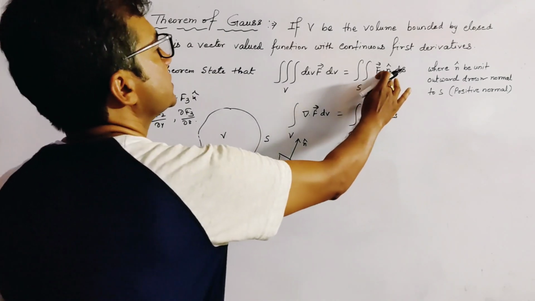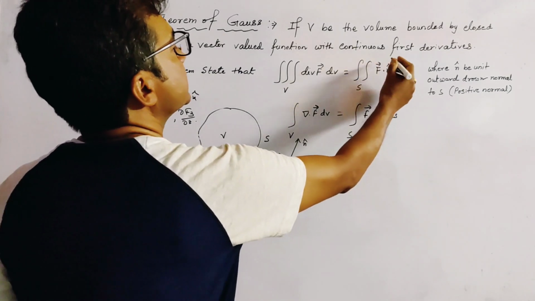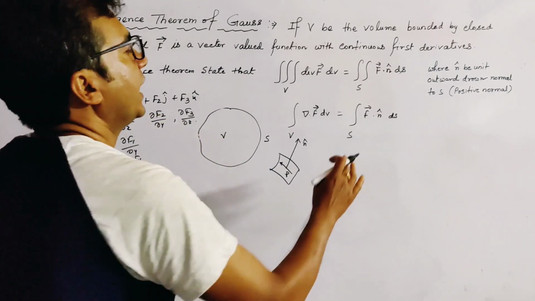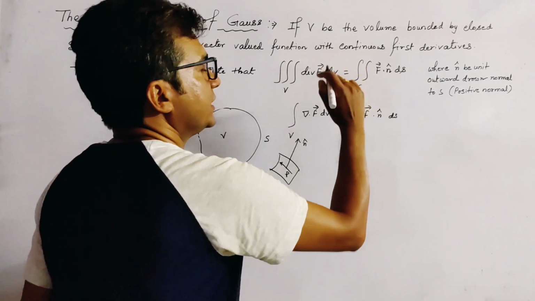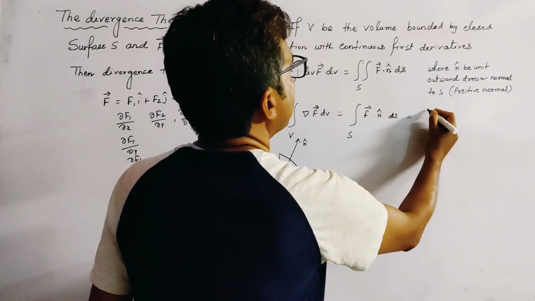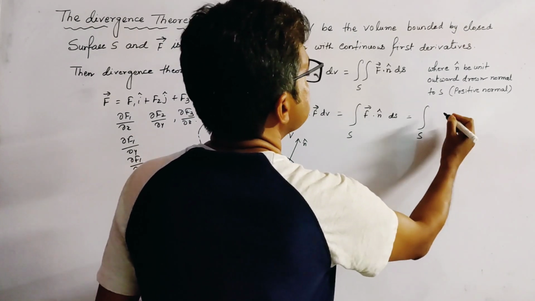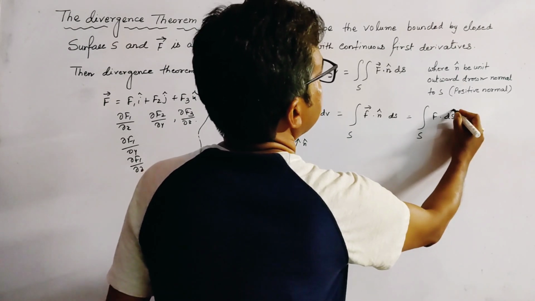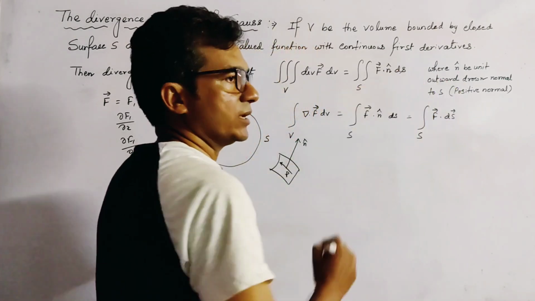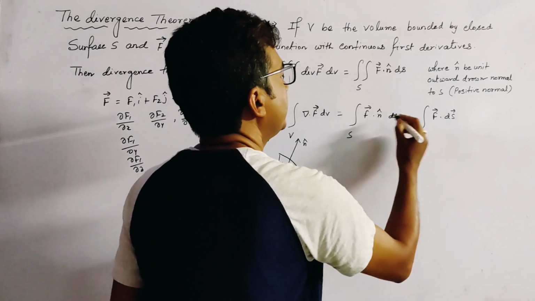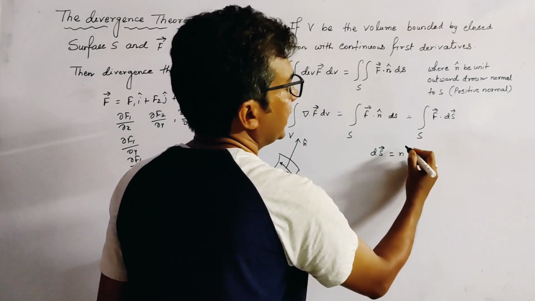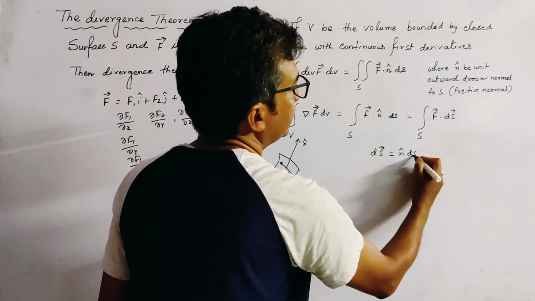So this is n cap, the positive normal of the surface, and this integration can also be written as the integration over S of F dot dS. Here dS is a vector, which means n cap into dS.